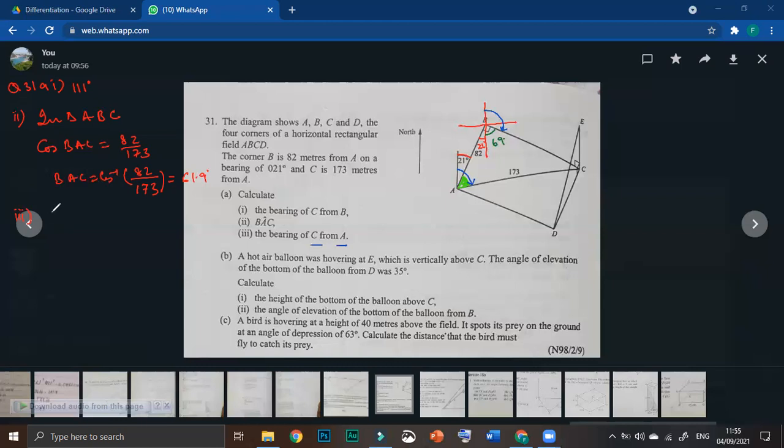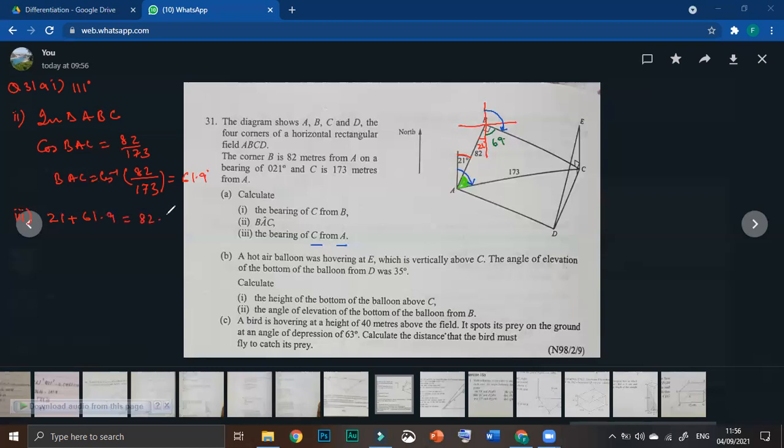Sir, 90 degrees. We have just calculated BAC, which is 61.9. And what is this total angle? Sir, this angle is 21 plus 61.9, 82.9.